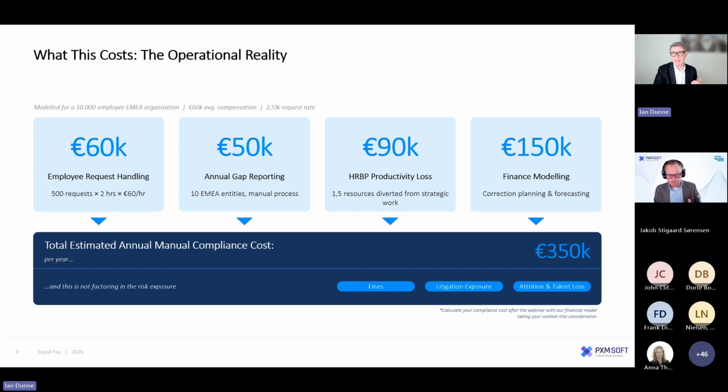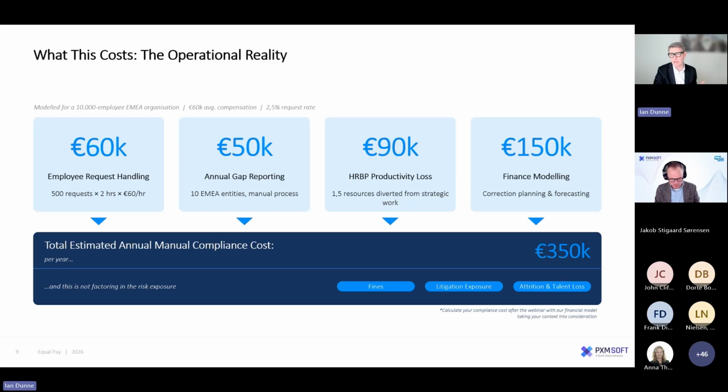But this is really just trying to give you an overall figure of minimum exposure so you see what's required. So for employee request handling alone, 500 requests, roughly 2 hours each, and I think again that's conservative, at a fully loaded salary of 60 euros per hour.